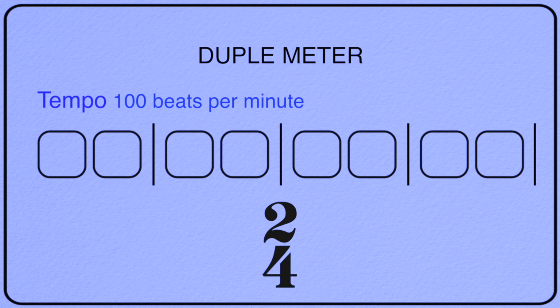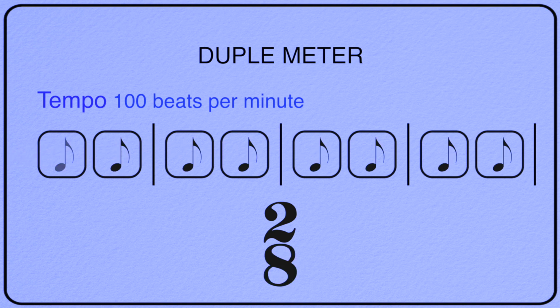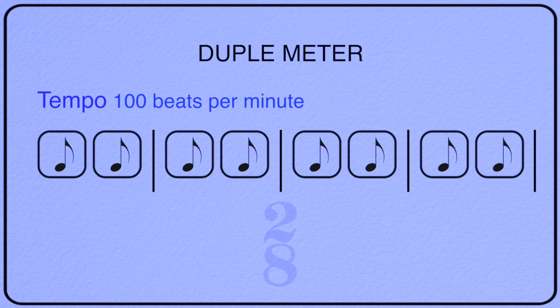In 2/4, it's 100 quarter notes per minute. And in 2/8, it's 100 eighth notes per minute. All the beats go the same speed, regardless of what note value we give them.